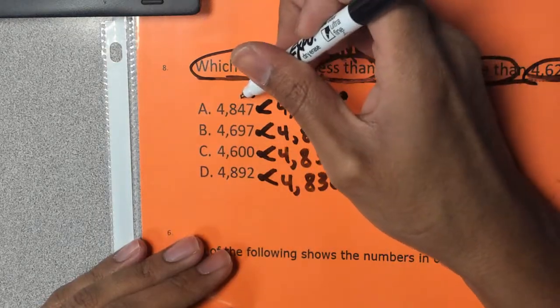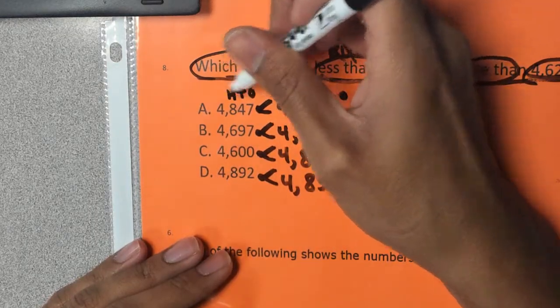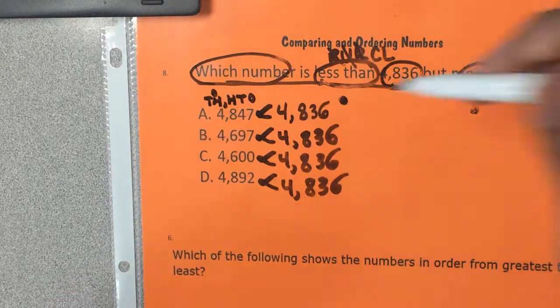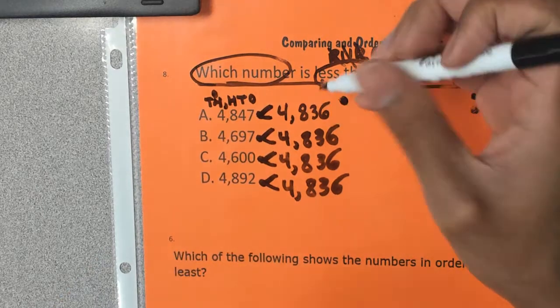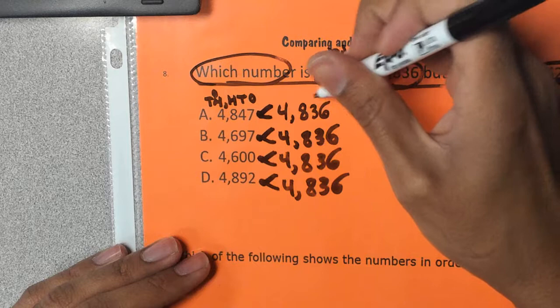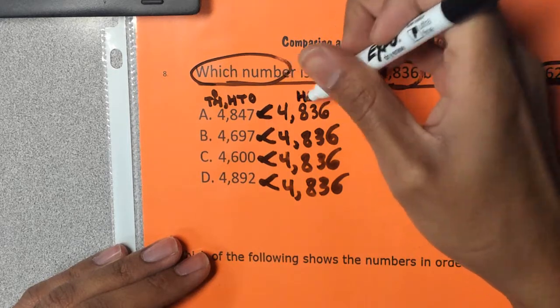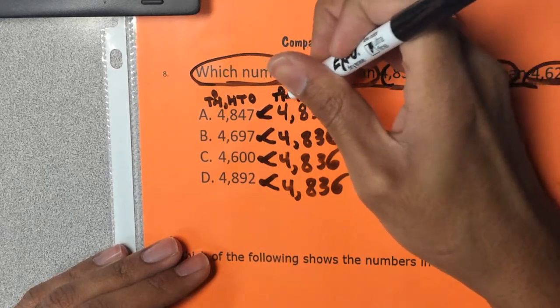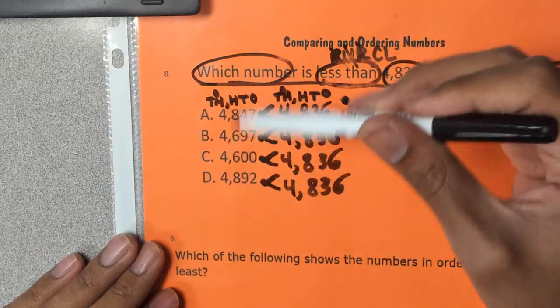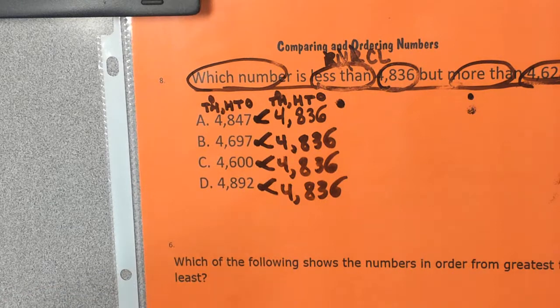I'm going to label my ones, then my tens, hundreds, and 1,000s. Don't forget your comma. Same thing for the number over here. I'm going to go all the way over to the very edge on the right side and label my ones, tens, hundreds, and 1,000s. Don't forget your comma. So now that I have that, I pretty much have labeled all of the place values for my numbers.